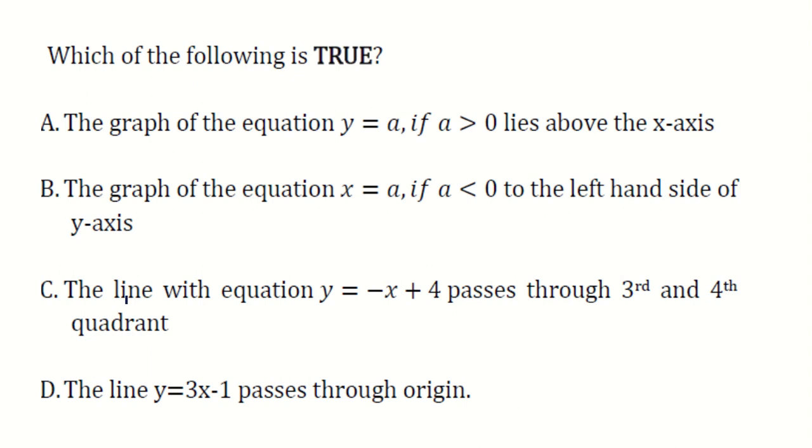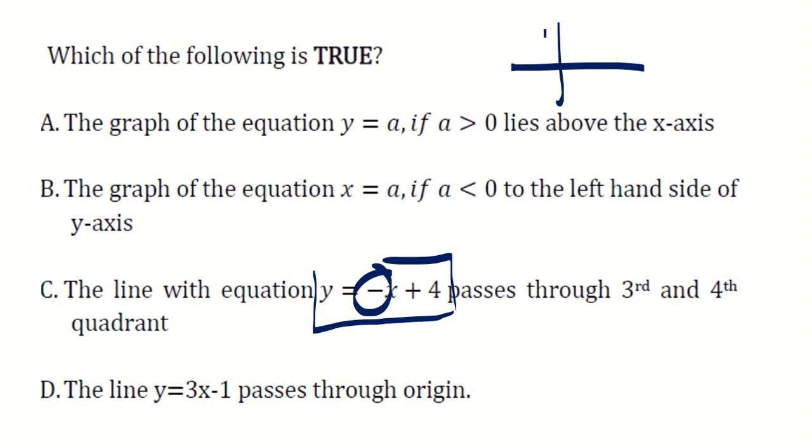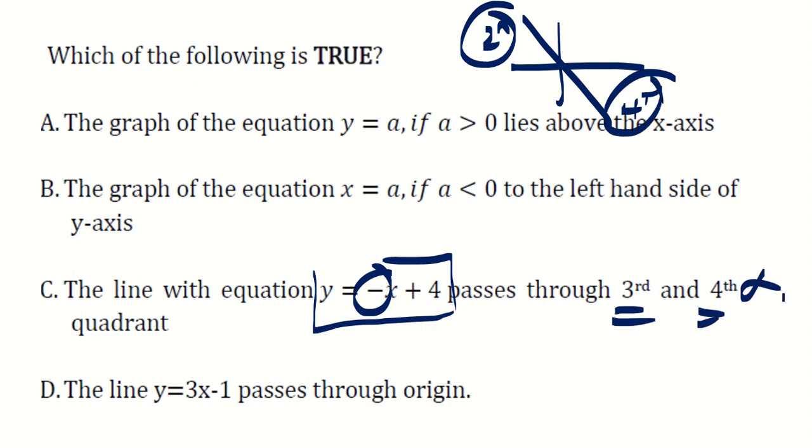And again, see the line y is equal to negative x. Here the slope is negative, as you see. If the slope is negative, the line is slanted to the left, so it passes through the second quadrant and the fourth. Second and the fourth it should be. It says third and fourth, no. And the last one, the line y is equal to 3x minus 1. The slope is positive, so it slants to the right and passes through the first quadrant and third.